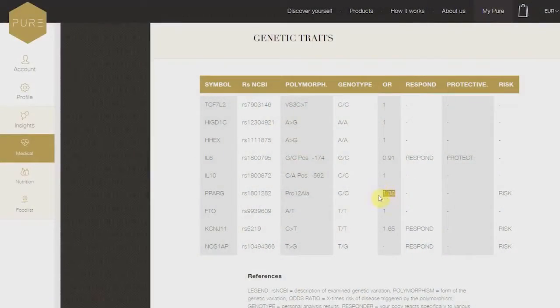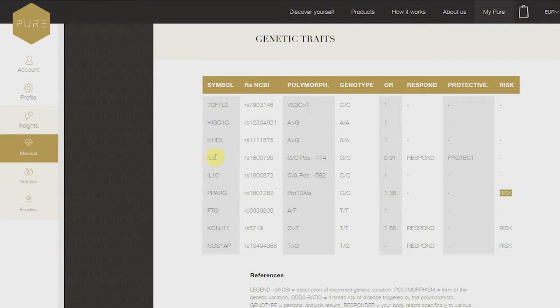And if it causes a risk, you will also find the word risk in the risk column. Then it is also possible for genes to be protective. So you could have 1 or 2 copies of a protective gene. If we look at the interleukin 6 example, for example, this person has a G in one of the 2 copies of the gene and a C in the other of the 2 copies.